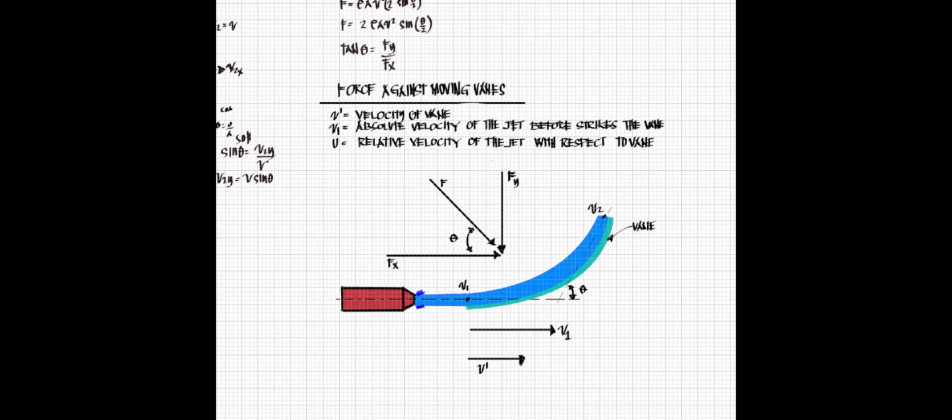Then we have your u, which represents the relative velocity of the jet, that would be with respect to the vane. So if you are on the vane and you observe the velocity, that is the value of your u. If we show it in the figure, our u is simply the line traveling here.